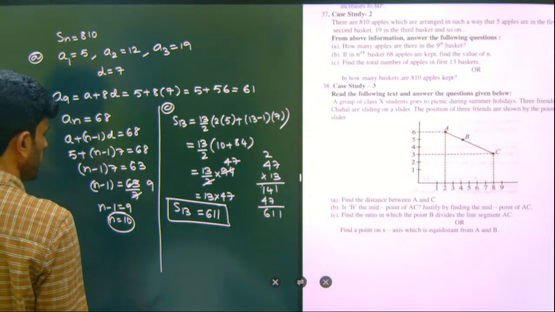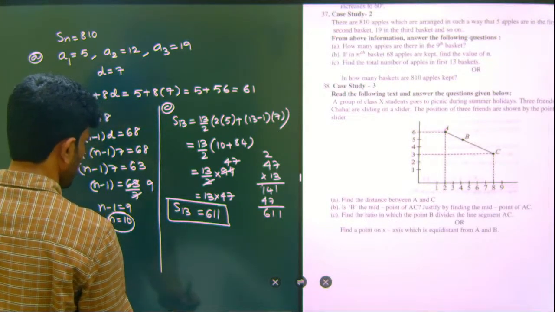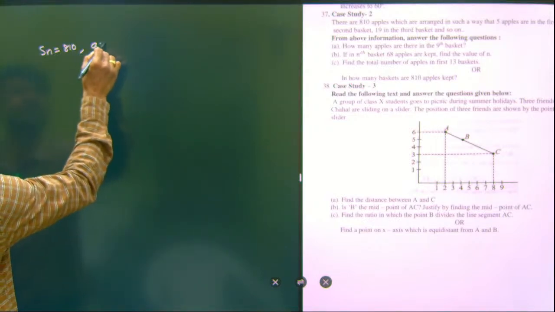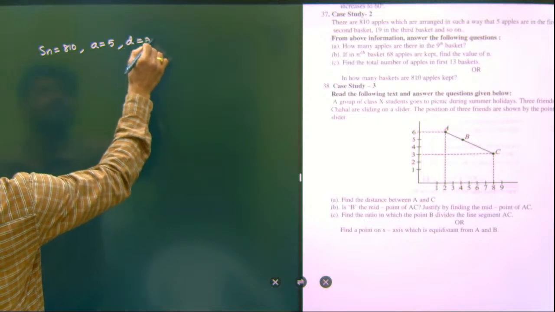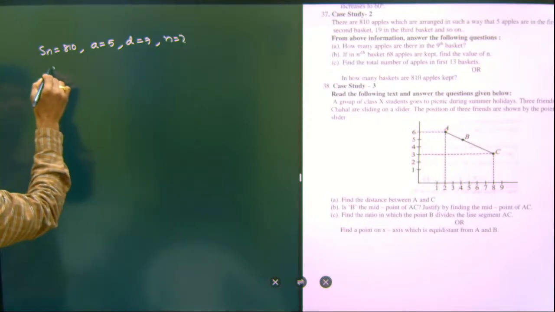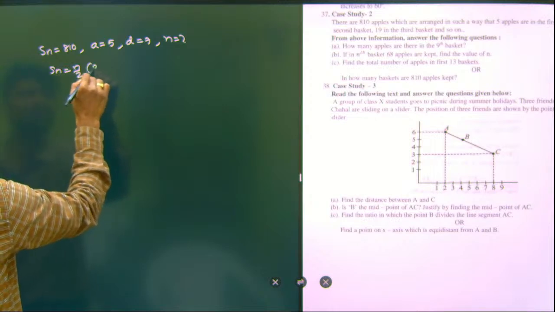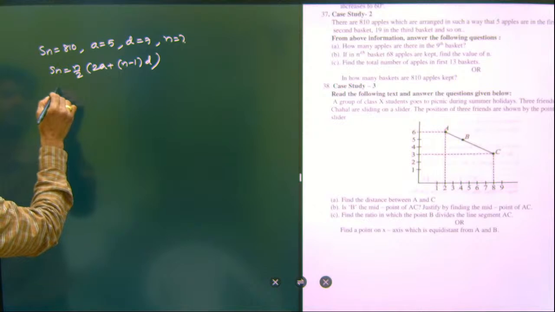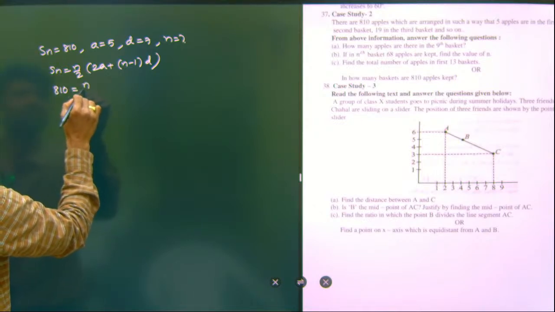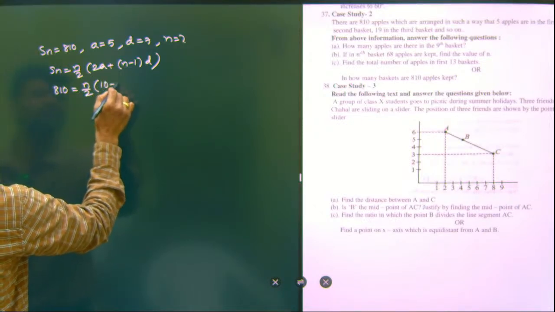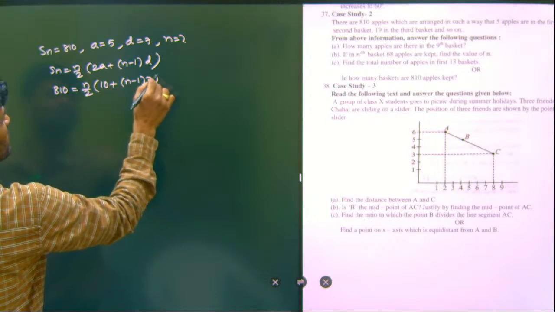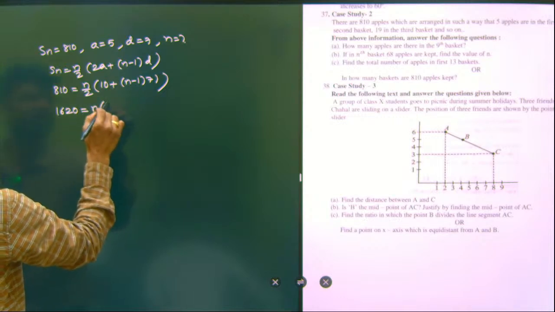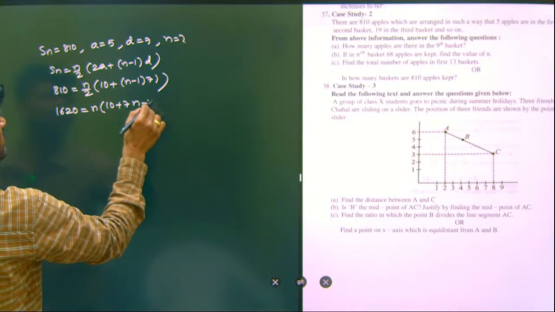So here Sn is given, we have to find n. Sn is 810, a is 5, d is 7, we have to find n. So Sn is equal to n by 2 into 2a plus n minus 1 into d, that is 810 is equal to n by 2 into 2 into 5, 10, n minus 1 into 7. 2 if you transpose this side, 1620 is equal to n into 10 plus 7n minus 7.